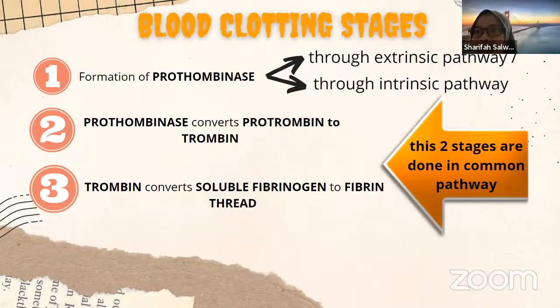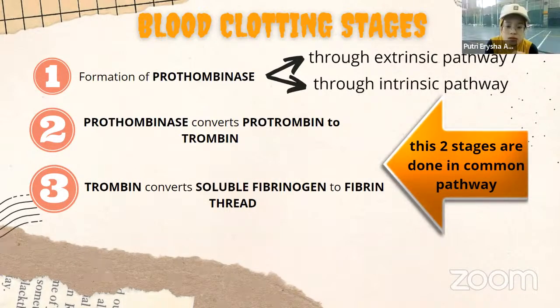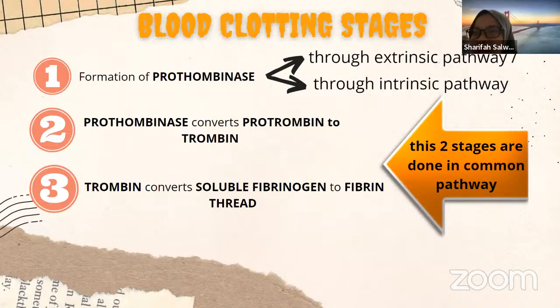For the blood clotting stages, we have 3 stages. The first is formation of prothrombinase. Second, prothrombinase converts prothrombin to thrombin. And last, thrombin converts the soluble fibrinogen to fibrin.